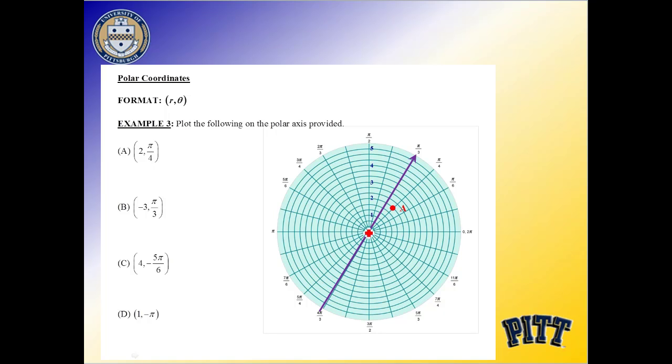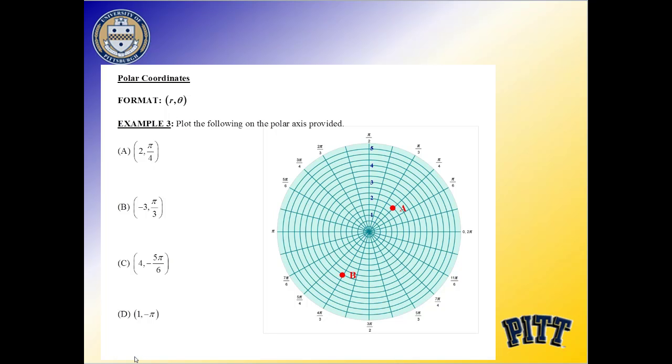So this would be ground 0, and I'm going to move 3 this way, trying to line that up properly. You can see that's why I'm down here for B: I'm still at a radius of 3, but it's heading in the negative direction.